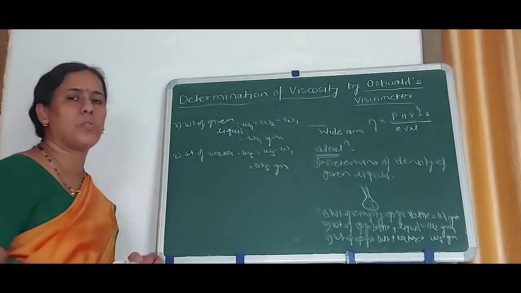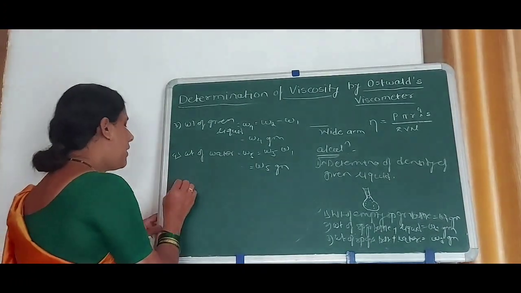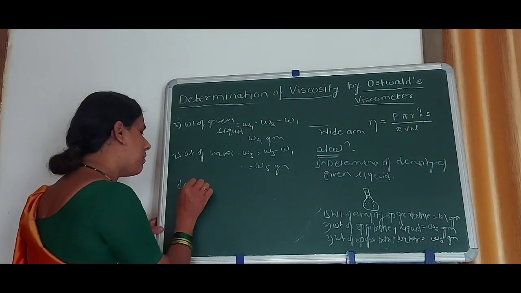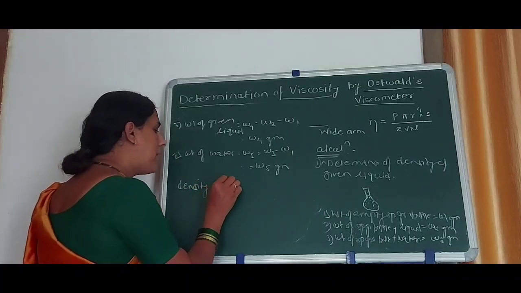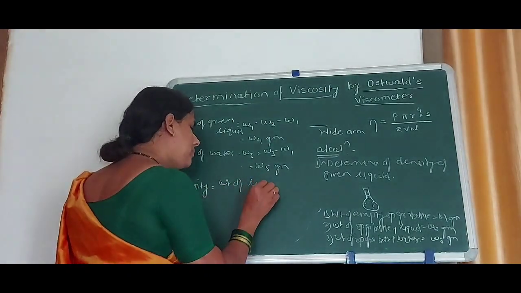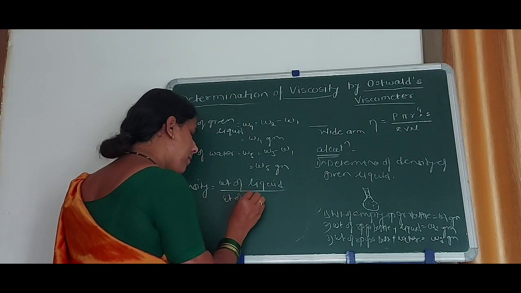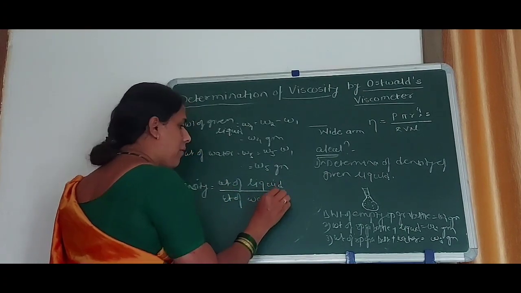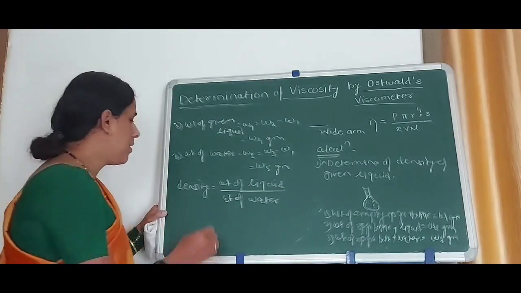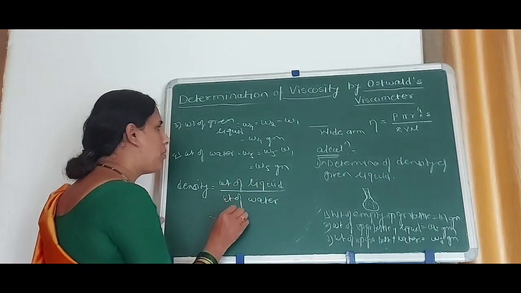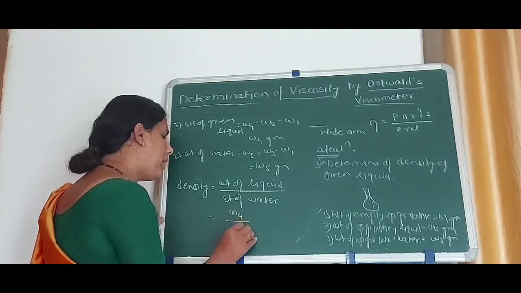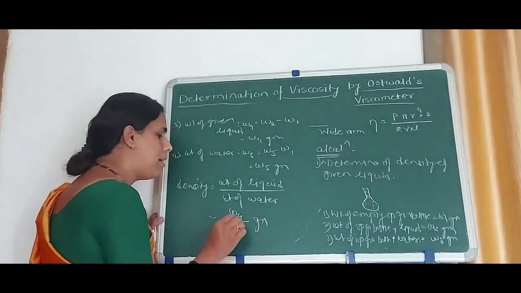Once you get these weights, you can easily calculate the density. That is, density is equal to weight of liquid upon weight of water. Whatever the values are, you put W4 divided by W5 and you get the density.